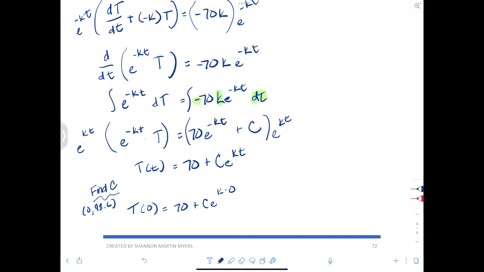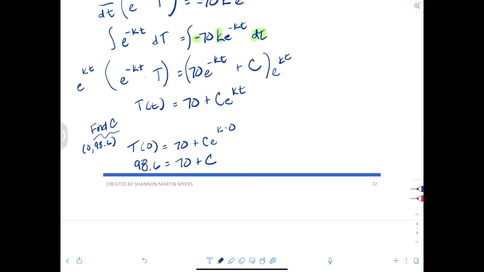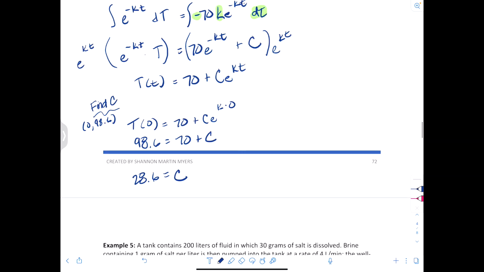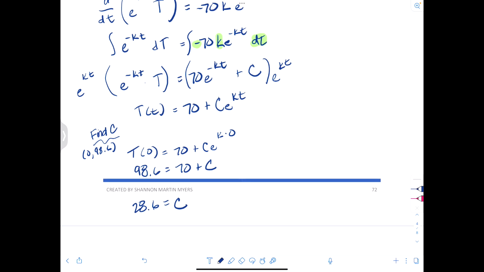But what was T at 0? We said 98.6 is going to be 70 plus C. And then when I subtract, I'll get 28.6 is equal to C. Cool so far?